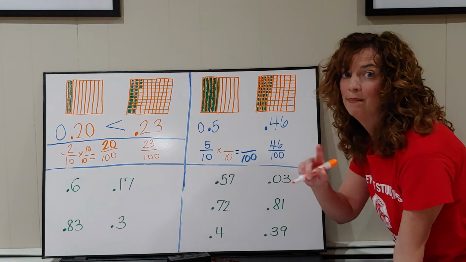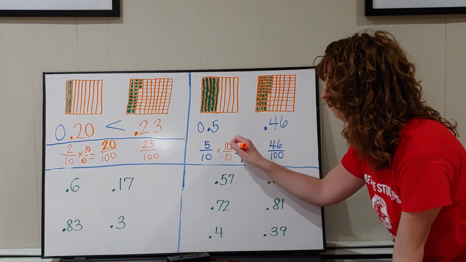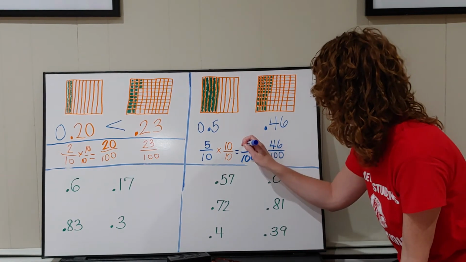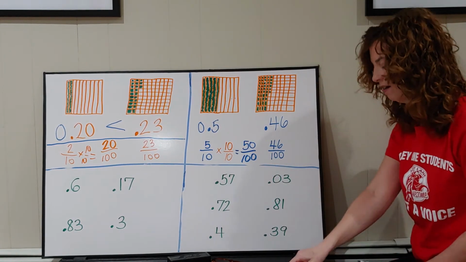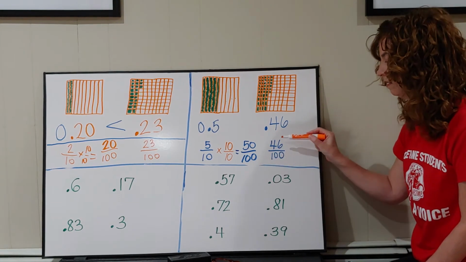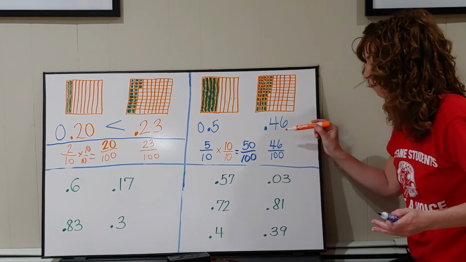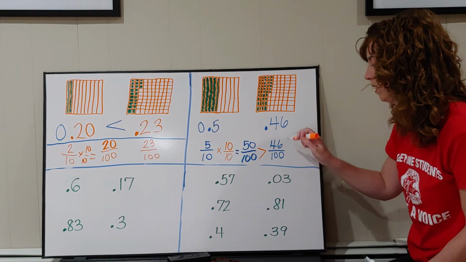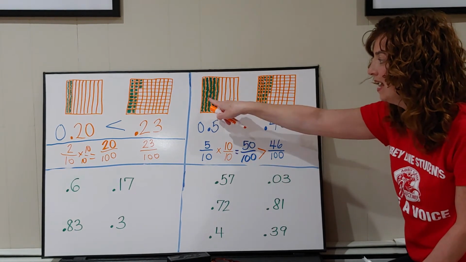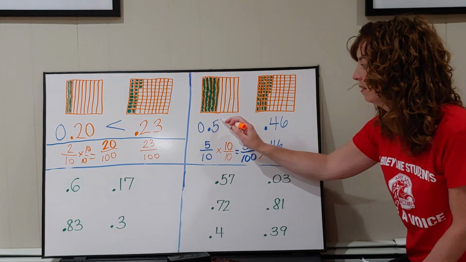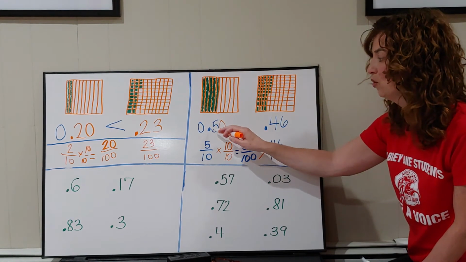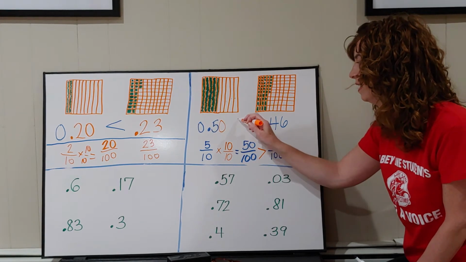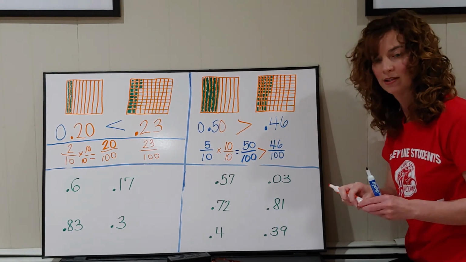And then, remember, same number top and bottom, so I have to put a 10 up here as well. 5 times 10 equals 50. All right, now I can compare. 50 hundredths is blank than 46 hundredths. So 50 is greater than 46. Now 5/10, we can also add our 0 to show that 5/10 is equal to 50 hundredths. So 50 hundredths is greater than 46 hundredths.